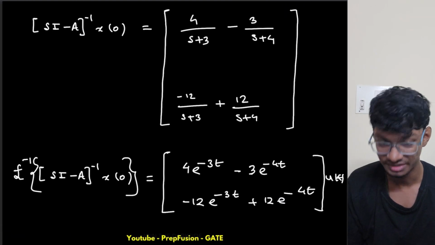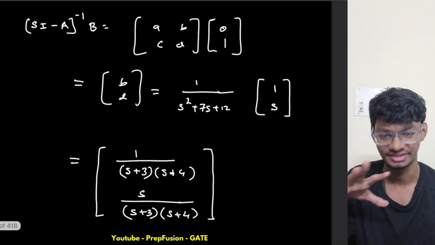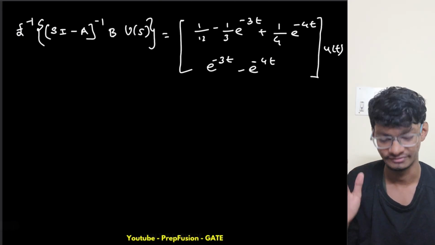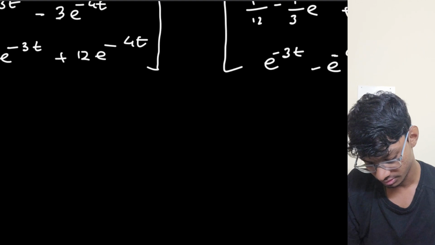U of t here is not the input, it is the unit step, so don't get confused by u of t. I always try to clarify.